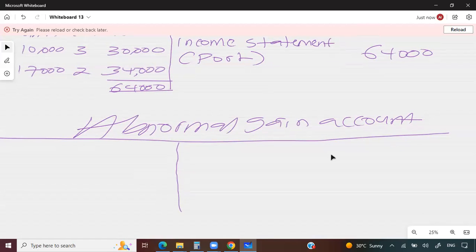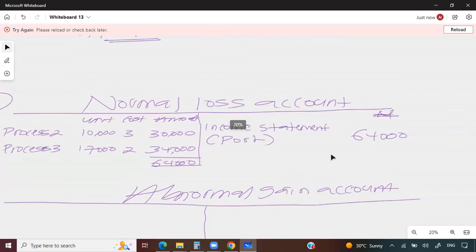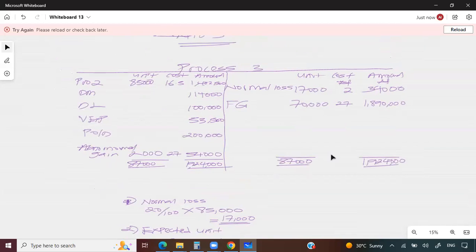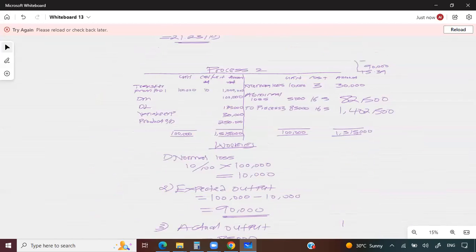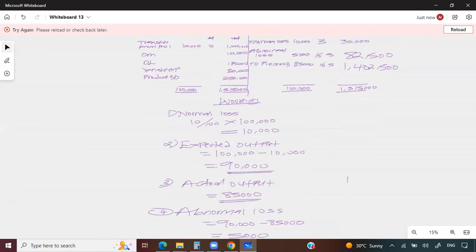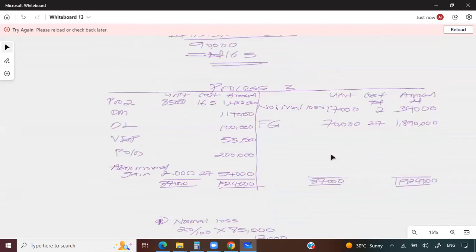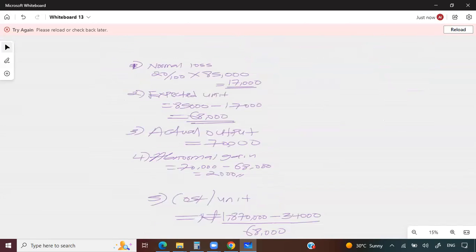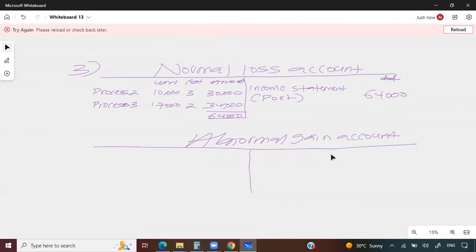Then we also have the abnormal gain account. Don't worry, I'll explain everything again now. Where do we have abnormal gain? We have abnormal gain in Process 3. So you say the unit, you say the cost, and you also say the amount.